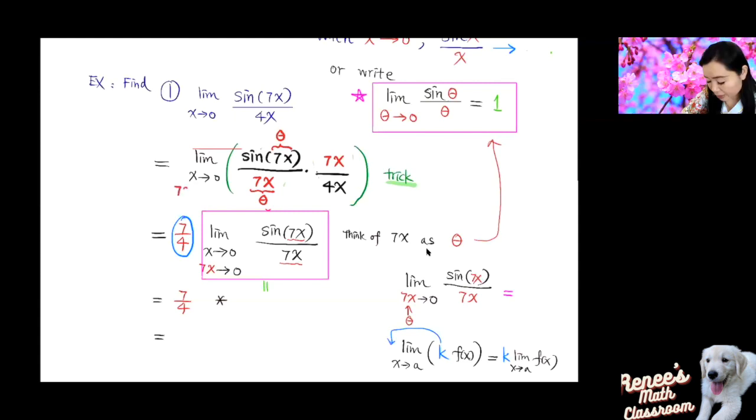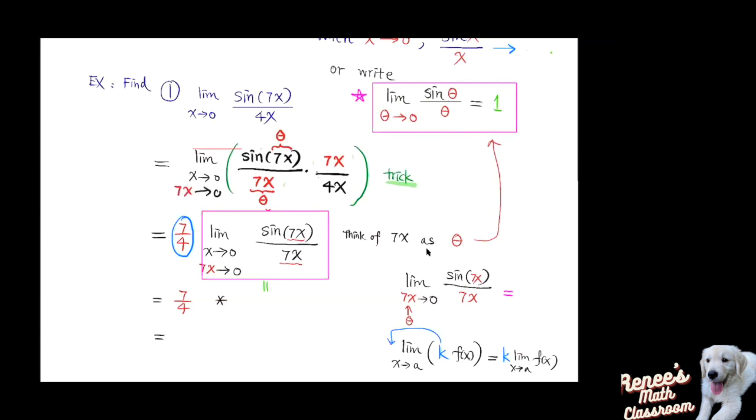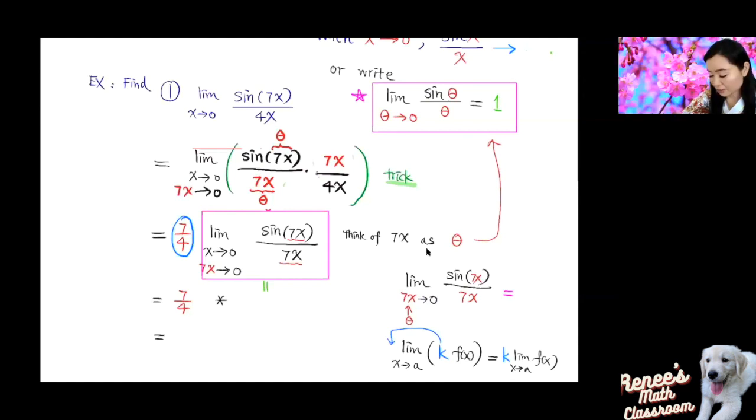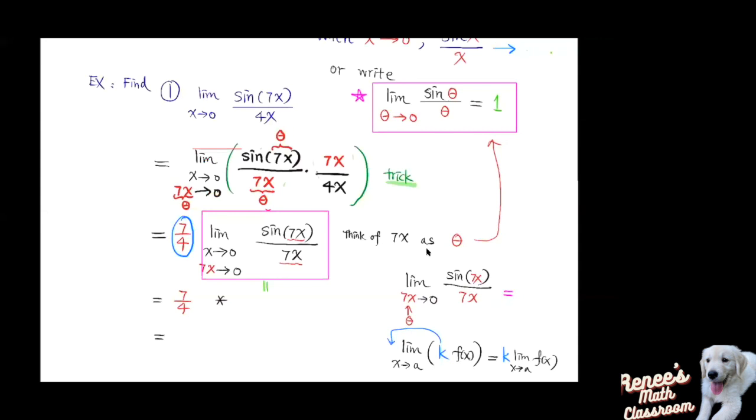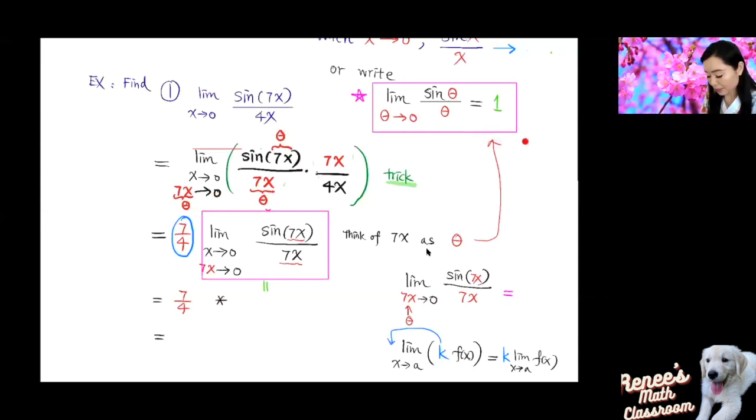Does 7x go to 0 also? Yes, 7x will also go to 0. So we have the limit of sine theta over theta as theta approaches 0, then we can use this limit over here. That's the trick, because you have to match these two.